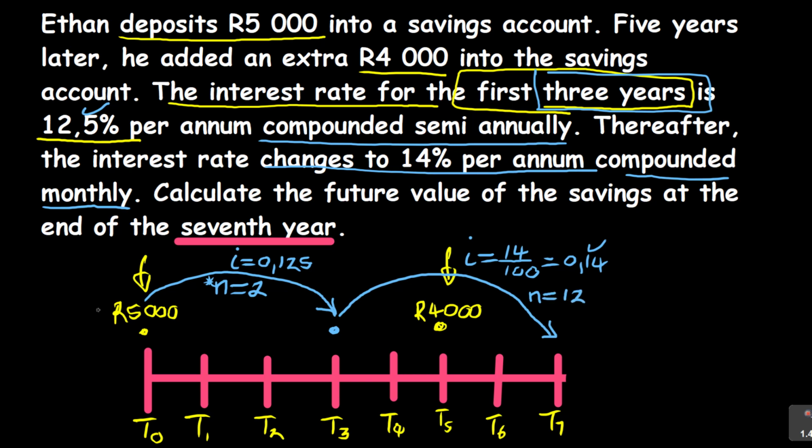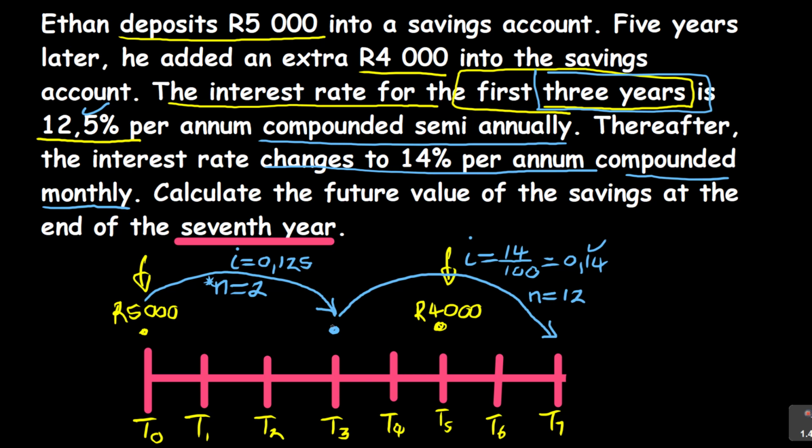But look now, pay attention. The 5,000 is the one that is moving from T0 to T3, and then from T3 to T7. I have not included 4,000. Now, let's look at 4,000. They're saying the first interest rate for the 5,000 was 0.125.